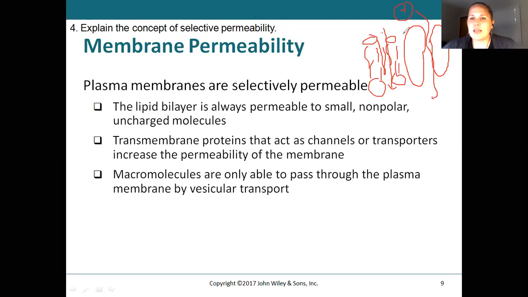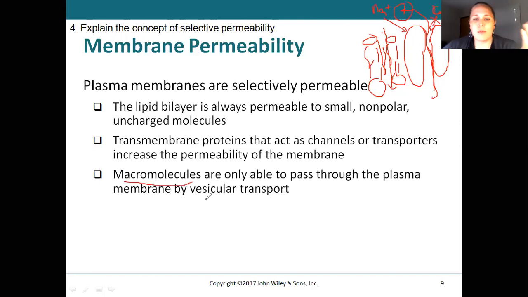So that's what makes it selective: these proteins are only open under certain circumstances, and that selects for just, let's say, that positively charged ion, because this kind of doorway here has very specific characteristics that only allow, let's say, a cation like sodium to come through, but it wouldn't allow a cation like calcium to come through. Calcium wouldn't be able to come through that pore, only sodium would, so that makes it selective.